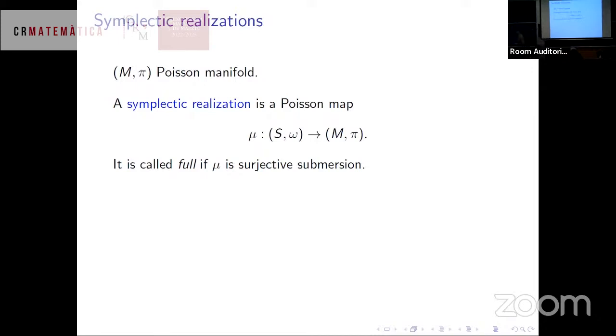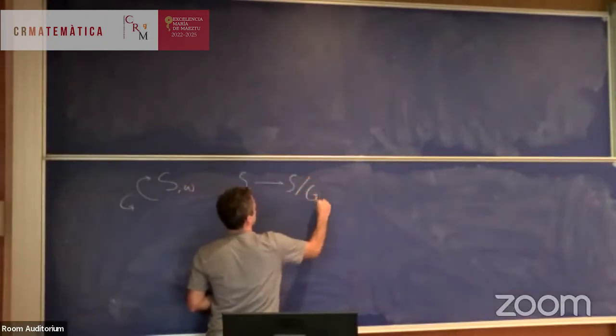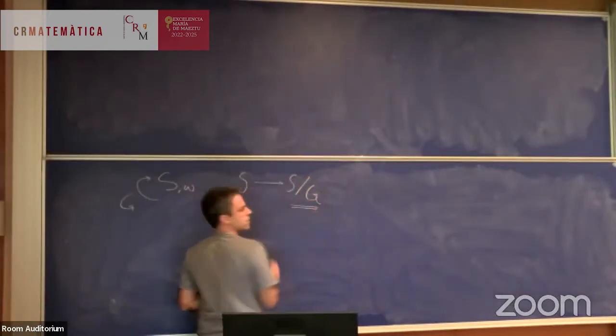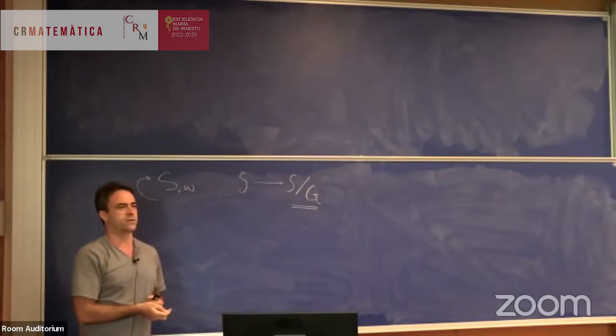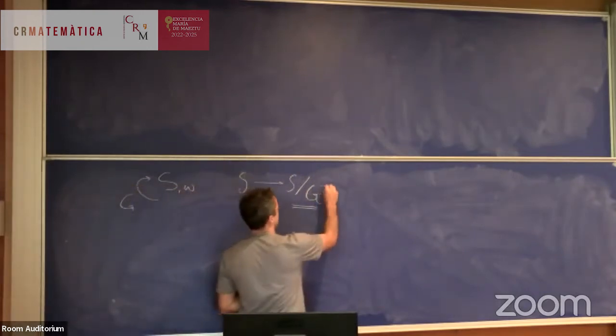So remember that one way to produce Poisson manifolds from symplectic manifolds was to consider a symplectic manifold, a nice group action by symplectomorphisms, and go to the orbit space. So the orbit space inherited a Poisson structure naturally, and the quotient map was a Poisson map.